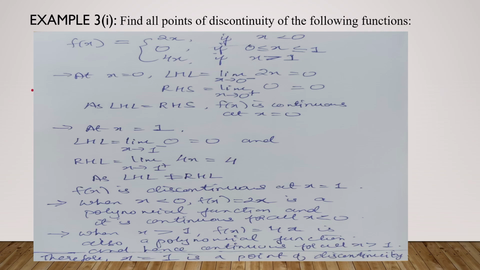When x is greater than 1, f(x) = 4x is also a polynomial function and hence it is continuous when x is greater than 1. So in short, you just get one point of discontinuity, which is x = 1. Therefore, for this function x = 1 is a point of discontinuity.